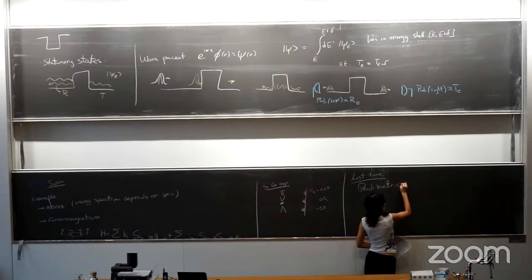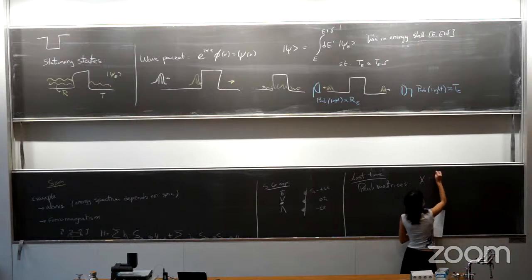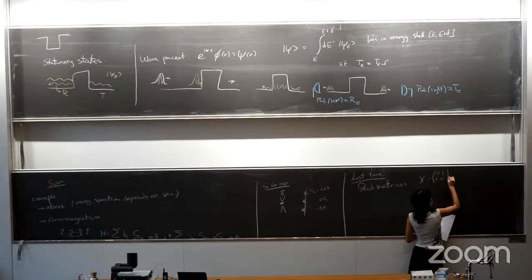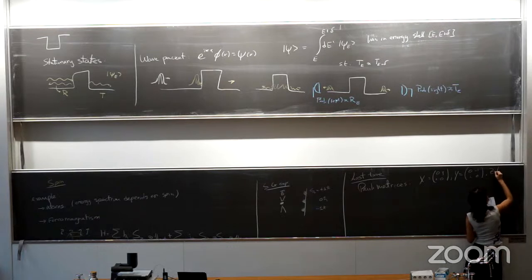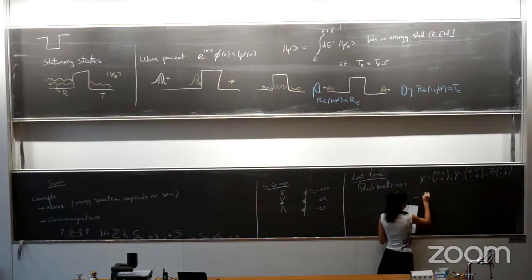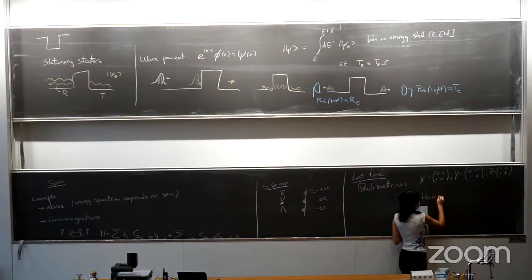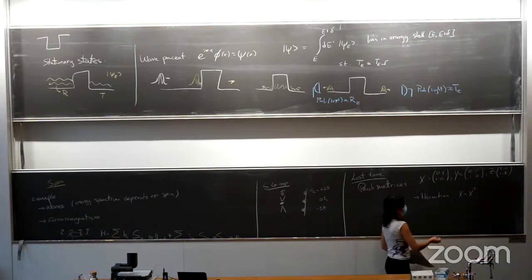And there were X, Y, and Z. And they had some properties. So they were Hermitian, meaning they're equal to their conjugate transpose, the same for the others, for Y and Z.